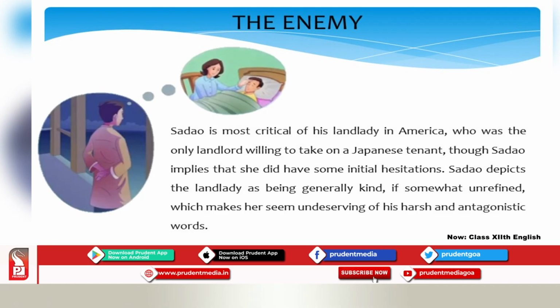Since Sadao traveled to America, he had to look up a place to stay. So he stayed with this landlady, who initially was very hesitant about giving him the accommodation, but later on she decided to give the accommodation to Sadao.